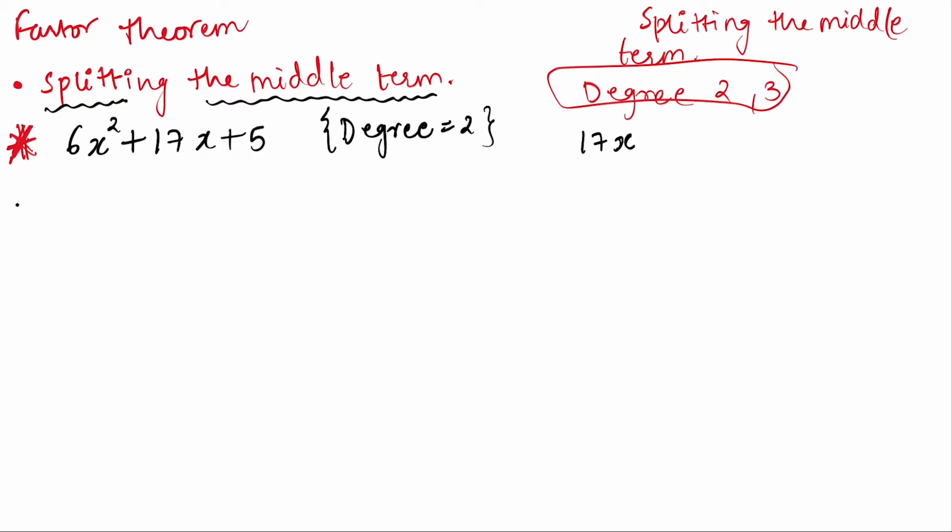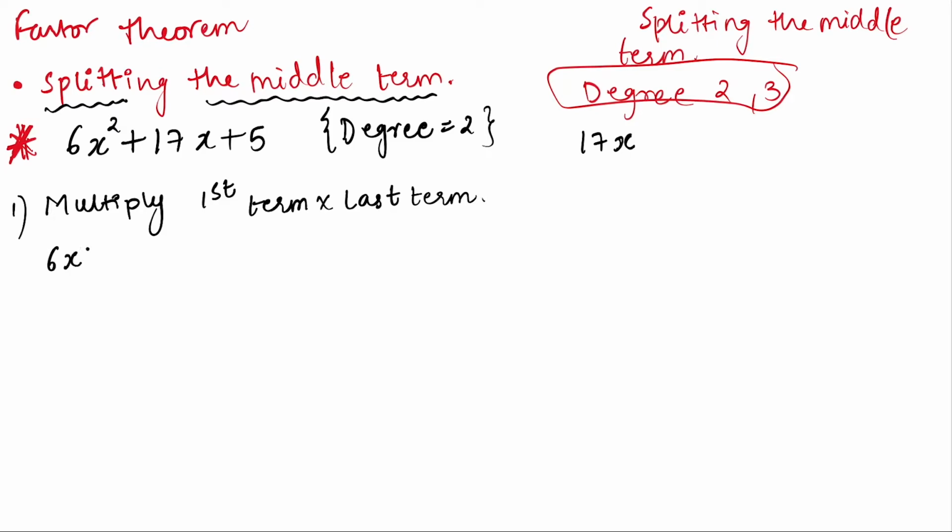How are we going to do this? There are certain steps. Our first step is to multiply the first term with the last term. If you follow these steps only, you will find the answer. Multiply the first term with the last term.